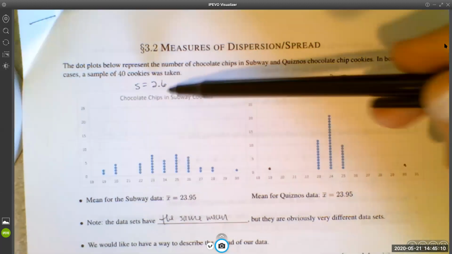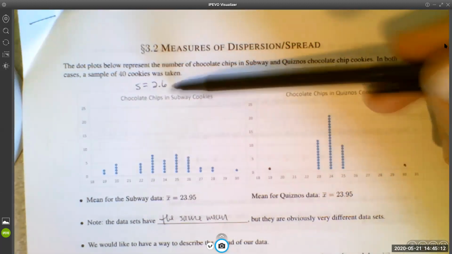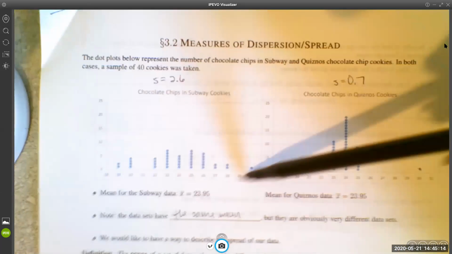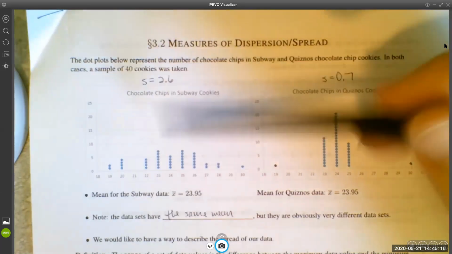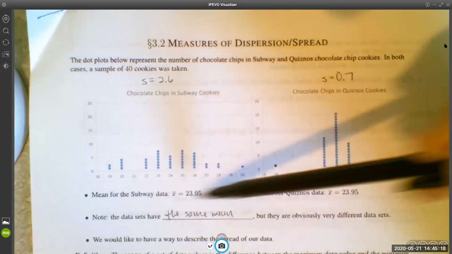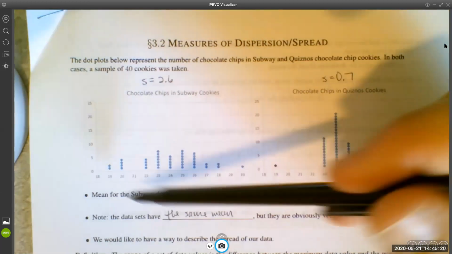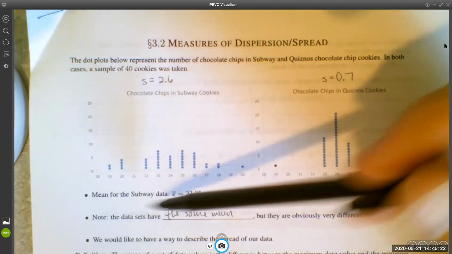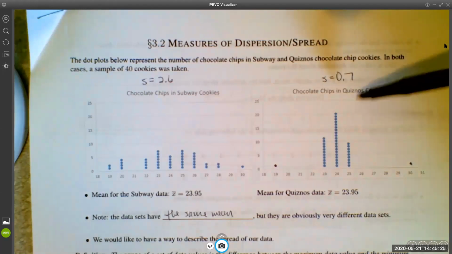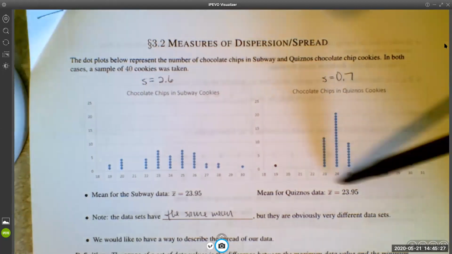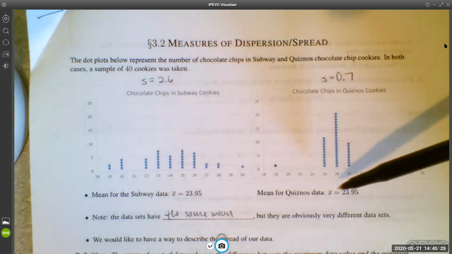Generally speaking, the larger the standard deviation, the more spread out the data is. A larger standard deviation means more spread out, more volatile, less predictable, less consistent. A smaller standard deviation means more bunched up, more consistent, less variety.